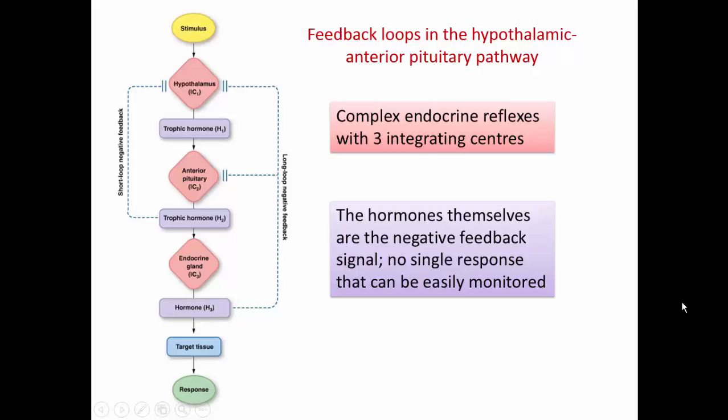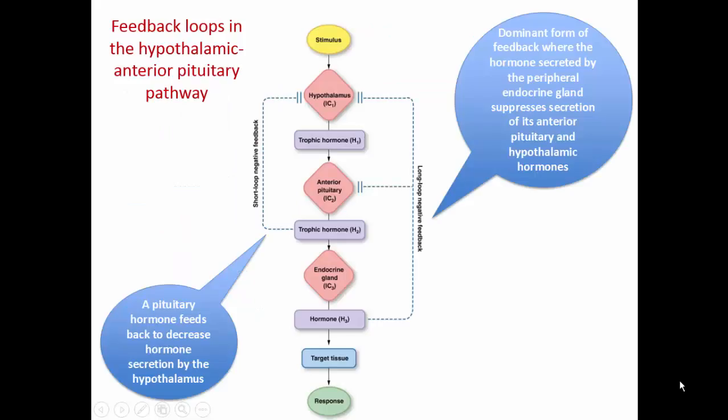In the case of more complex endocrine reflexes like the one shown here, the hormones themselves are the negative feedback signal. And this is because no single response can be easily monitored. So what we'll look at on this slide are the short loop negative feedback and the long loop negative feedback.